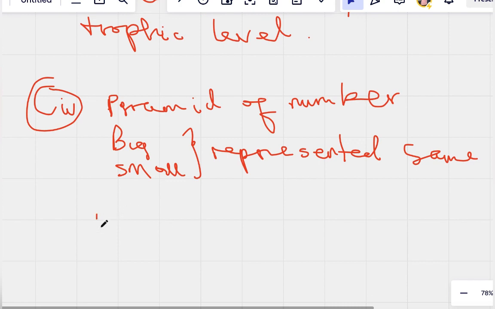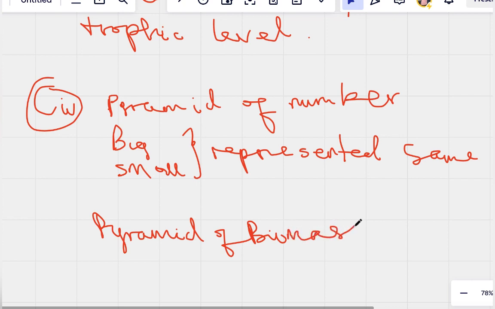So when we talk about a pyramid of biomass, we are showing the energy in every trophic level quantified.